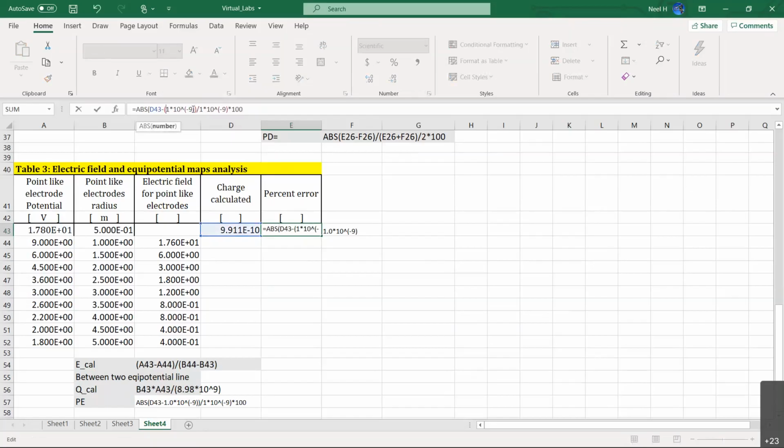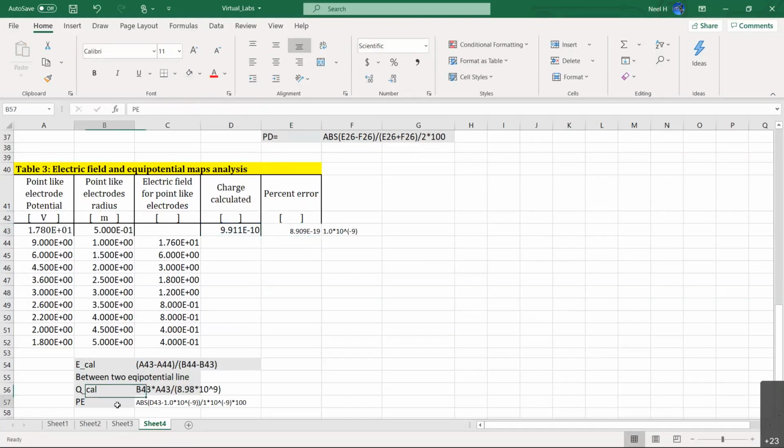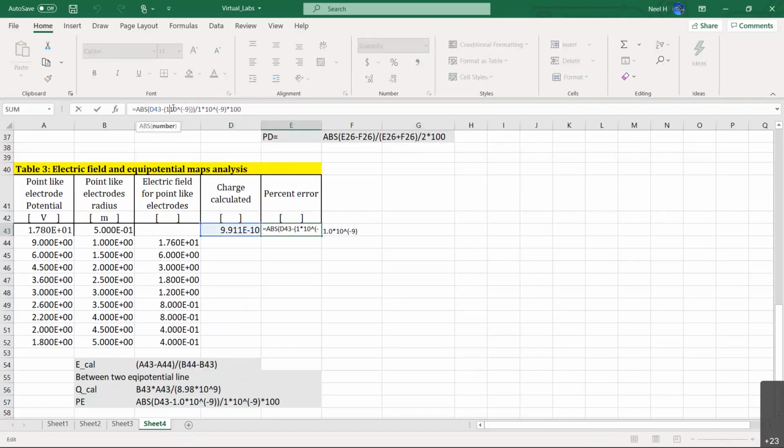So take a look at all the parentheses. If there's a parenthesis missing, then you will not get the right answer.